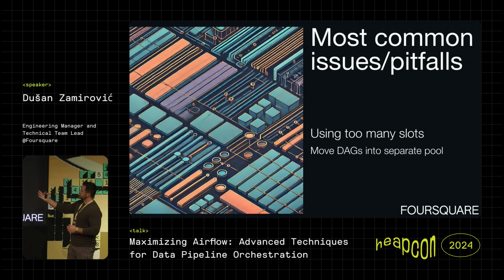So what do you do about that? Then you move some of the DAGs into a separate pool, set the limit on that pool, and basically logically separate some DAGs from others. Why does this exist? This exists because this is the tool that Airflow gives you to save your underlying infrastructure.